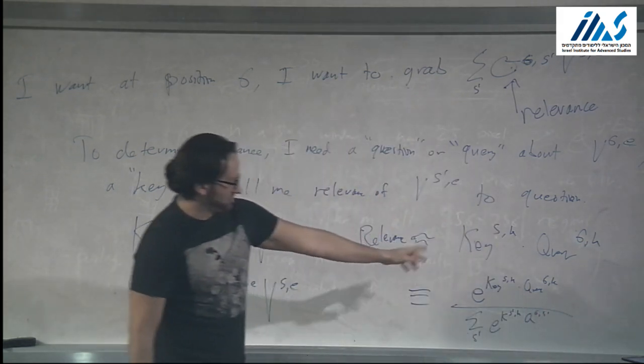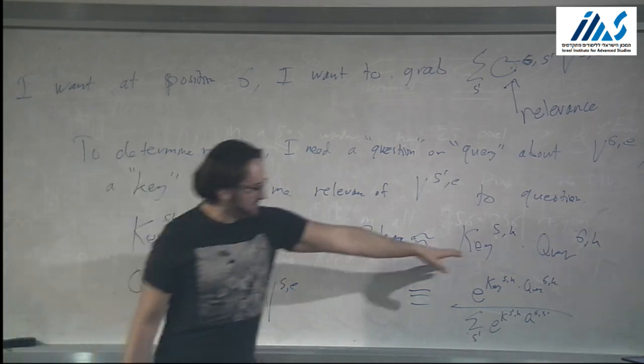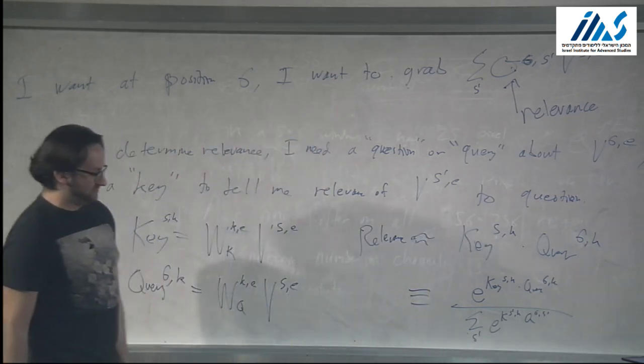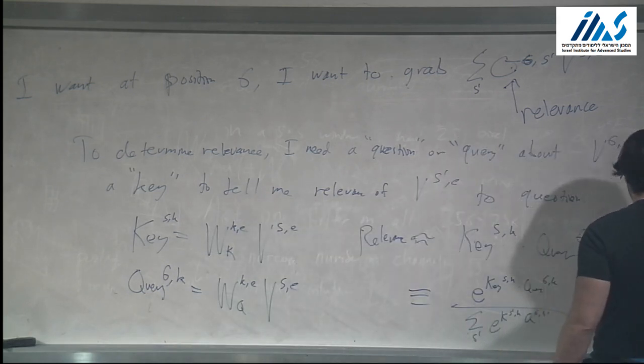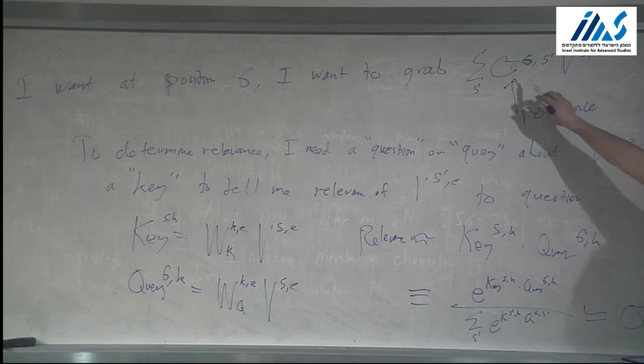So this function just transforms me from real numbers to these sigma 6 s's. So I wanted to figure out this relevance, and now I have something that computes a relevance.